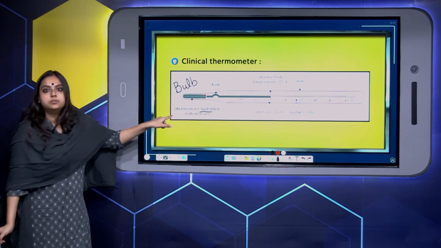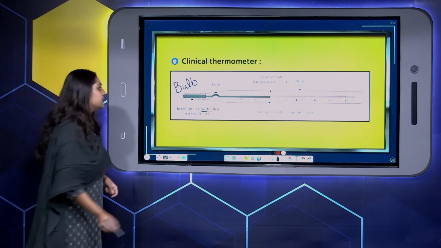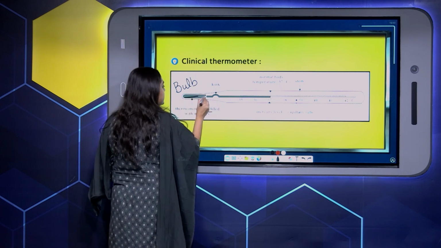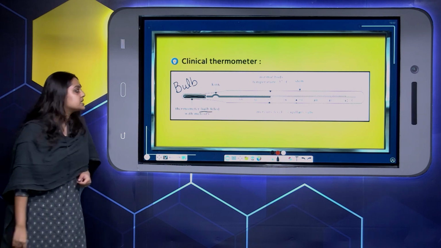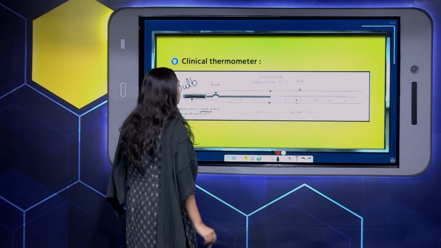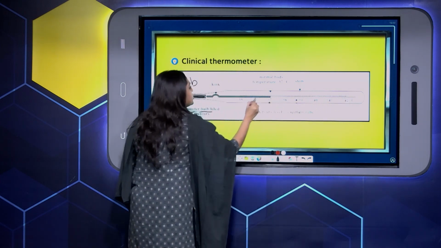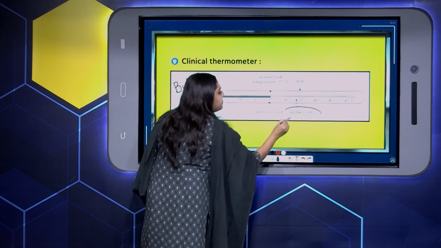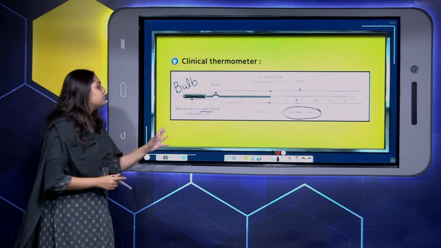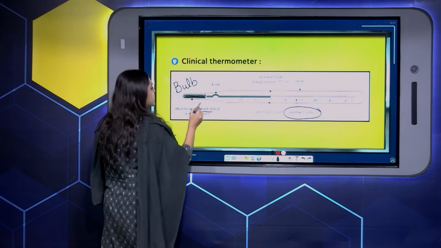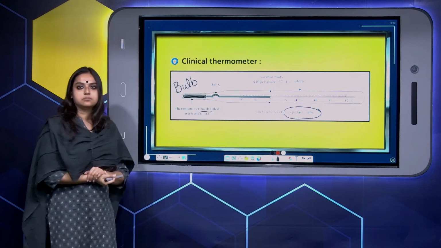And this bulb is filled with an element called mercury. So here it is, this portion is basically mercury, right? Now we see that there is a thin tube here which is known as the capillary tube. Why is this tube here? This tube is here so that the mercury flows inside the tube, right?